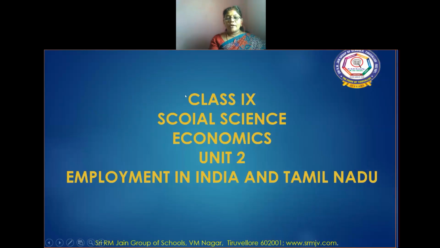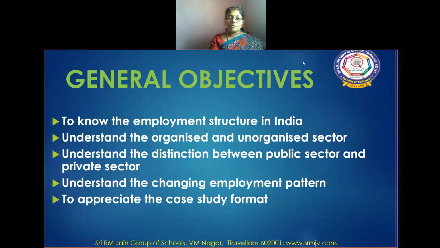Okay, children, today we are going to start our new lesson in economics, Unit 2, that is employment in India and Tamil Nadu. So, the general objectives of this lesson are: we are going to know the employment structure in India.